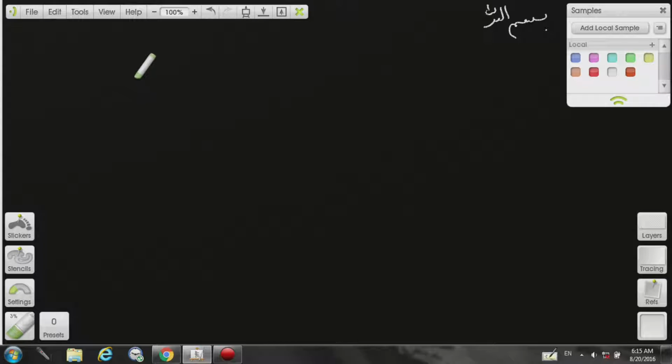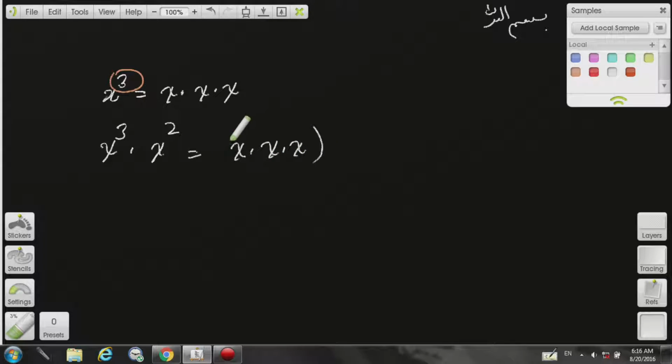Before we do that, I'd like to review some of the rules of exponents that we already know. For example, when I say x cubed, this really means x times x times x, or x multiplied by itself 3 times. And x cubed times x squared means x times x times x multiplied by x times x.